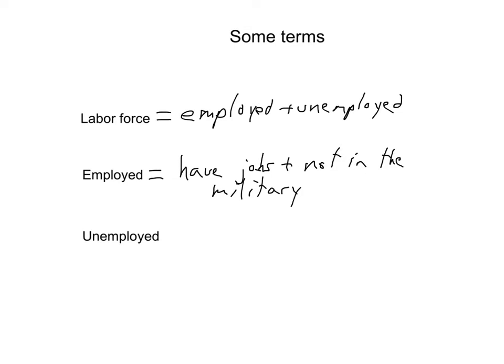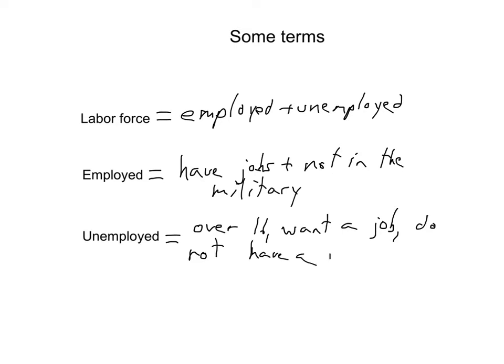Okay, and everybody who's unemployed are people who are, and this is very rough, over 16. You want a job. In other words, you're looking for a job, but you don't have one. So who does this exclude?